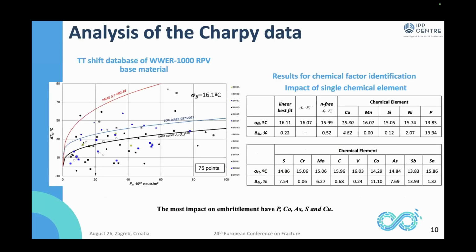So now this slide shows the transition temperature data for Ukrainian WWER-1000 reactor base materials and the level of impact of each chemical element. According to our criteria, the most impact on embrittlement have phosphorus, cobalt, arsenic, sulfur, and copper.